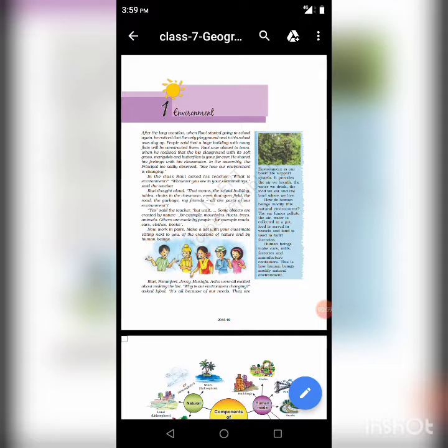The environment can be classified into natural and human environment. It is a combination of both natural as well as man-made phenomena.